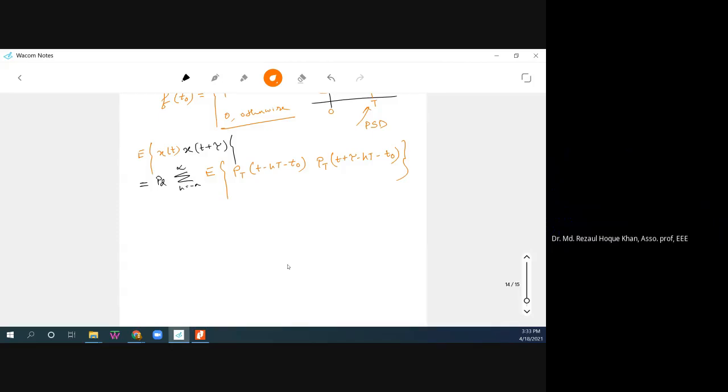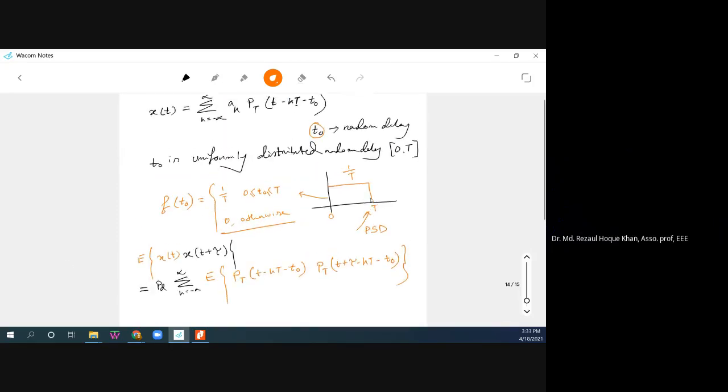Okay, we just rewrite this equation. See, we inserted a uniformly distributed random delay t0 into p(t) and p(t plus tau).